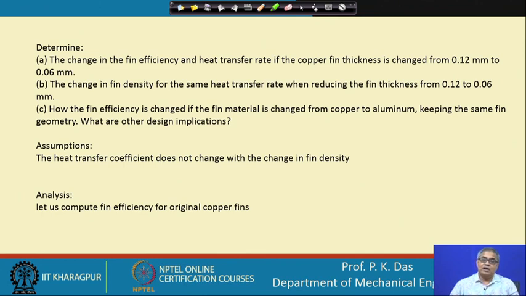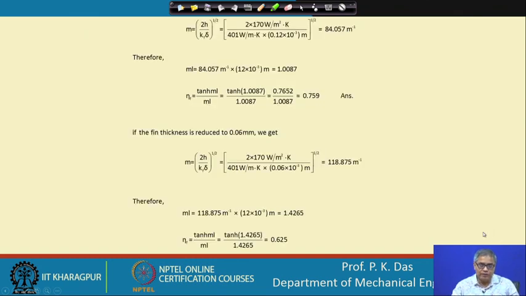It is not truly correct, but just to get an idea of the effect of fin density and fin material, we are working on this simplified assumption. So, first let us find the efficiency of the copper fin.